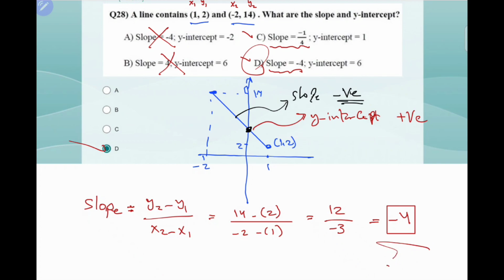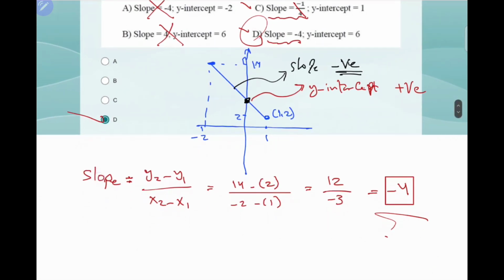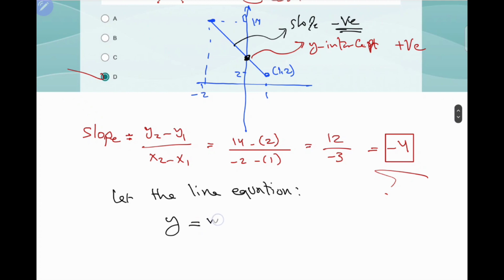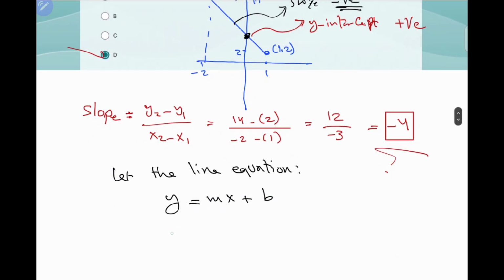That's it. However, suppose that this was also minus 4. What will you do? We need to find the general formula. So you need to say, okay, let the line equation be given by y equal to mx plus b, where m is the slope, minus 4, so y equals minus 4x plus b.